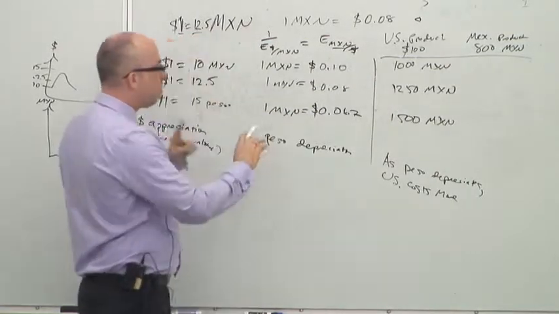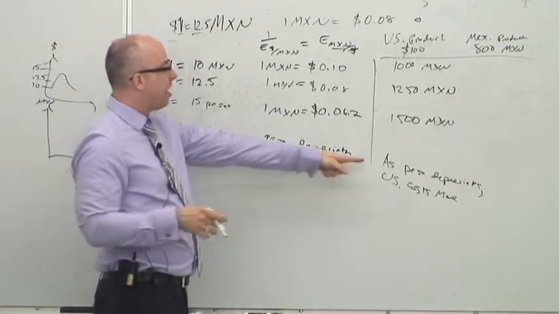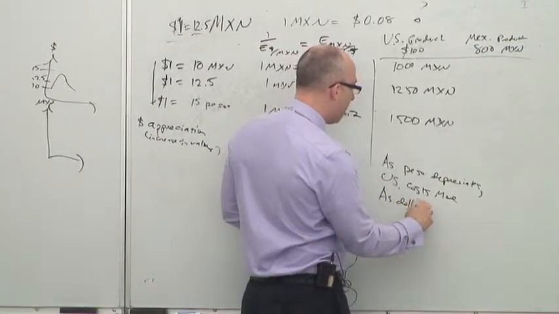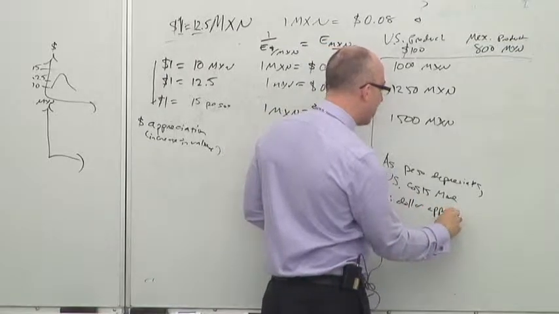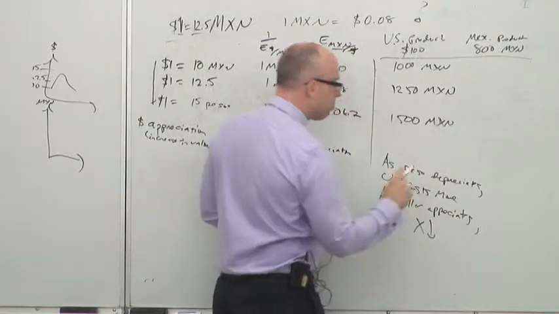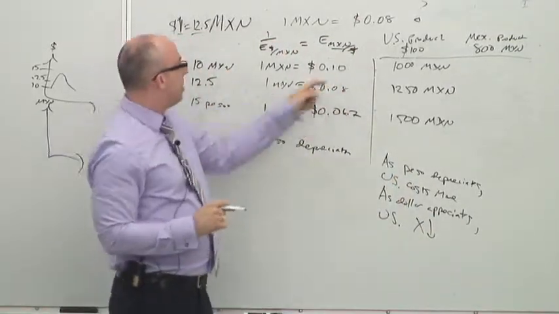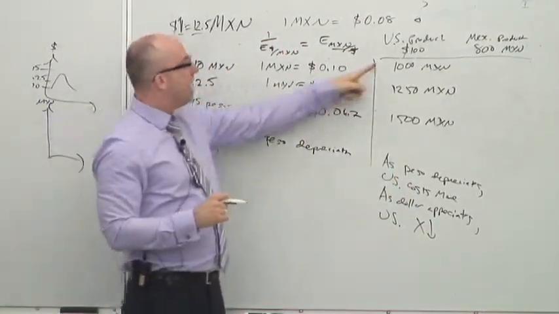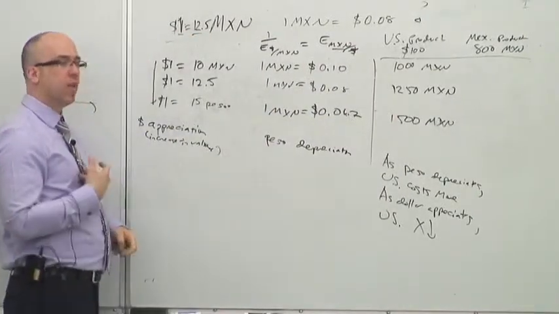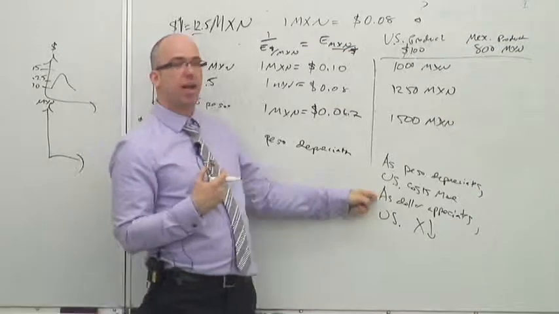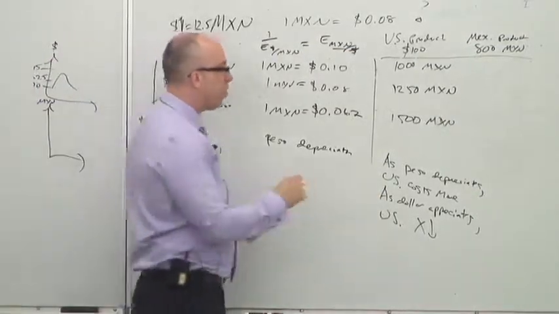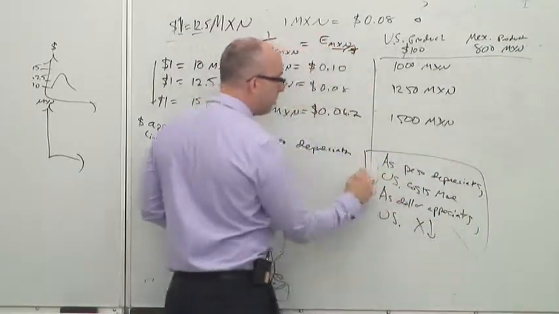All right? And so I'm going to write this a different way. I'm going to say this: as the dollar appreciates, US exports drop. The dollar is strengthening, and so we cannot afford to sell abroad. And so a strengthening dollar is actually hurting our production, hurting our GDP, hurting our sales overseas. All right, so that's one important result from this.